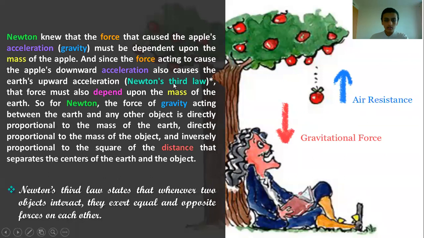And here is a picture, where we explain how the apple that fell down on Isaac Newton was because of gravitational force, where gravitational force was pulling it down to the ground against the opposite, resistant force, and this also relates to Newton's third law, which states that whenever two objects interact, they exert equal but opposite forces on each other.